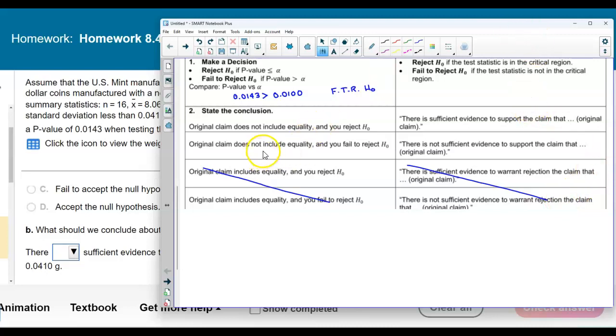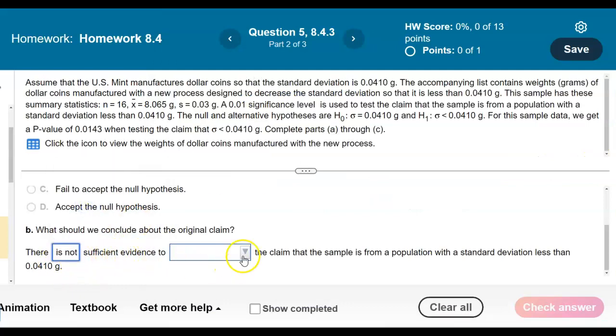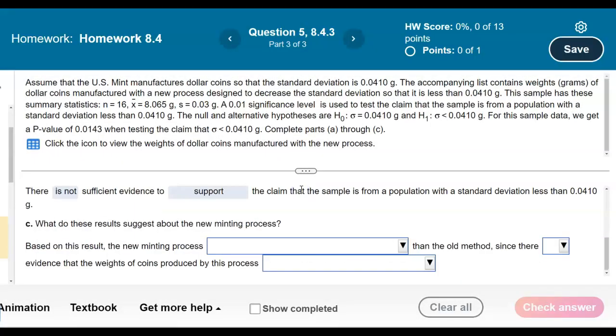Now, since it did not include the equality and we failed to reject the null, we're going to use the second one here. So we're going to say that there is not sufficient evidence to support the claim that the sample is from a population with a standard deviation less than 0.0410 grams. Check our answer, and there is our result.